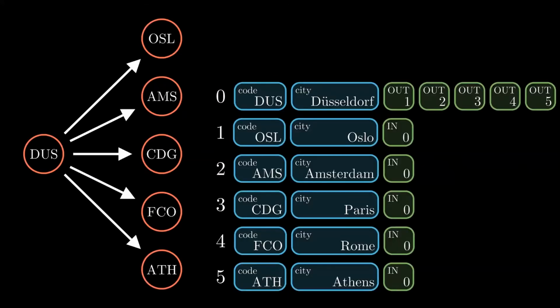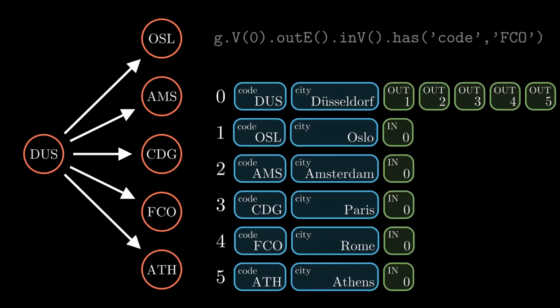and see how it is evaluated in the abstract graph representation and in the concrete storage implementation. Let's assume we want to find out if we can reach the airport of Rome, starting at the airport of Düsseldorf. For simplicity, I am directly starting with the vertex ID 0 instead of resolving the name first.